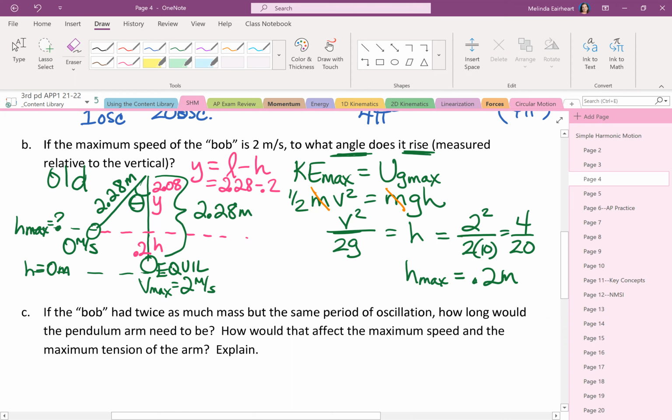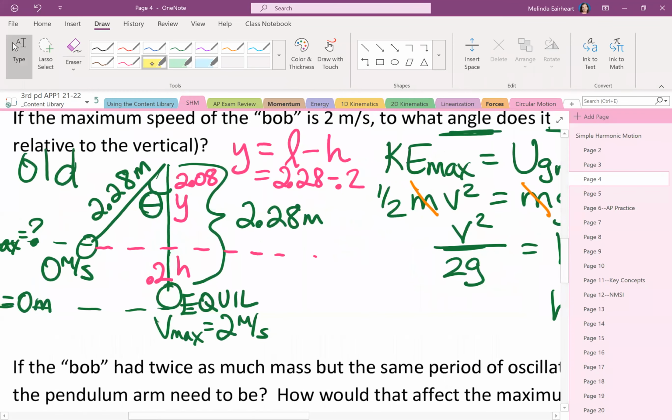Now we should easily be able to find theta using what trig function? Hopefully you see a right triangle. Notice the y component, or whatever I've labeled y, is the adjacent side. The length of the string is the hypotenuse, so we're going to use cosine.